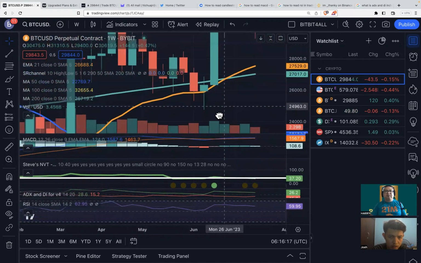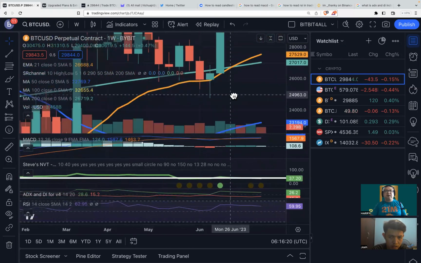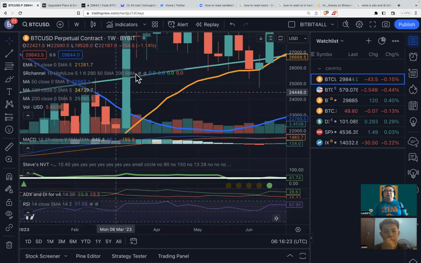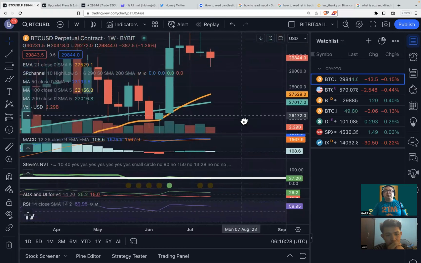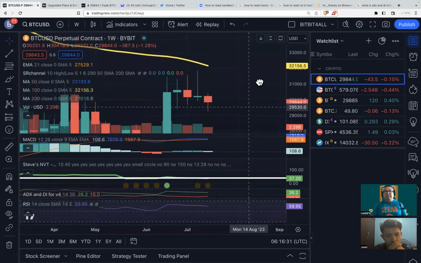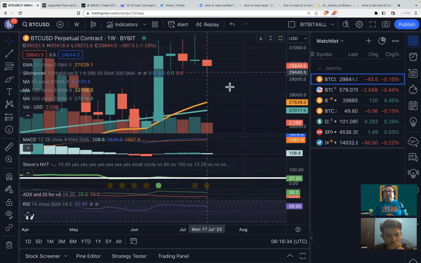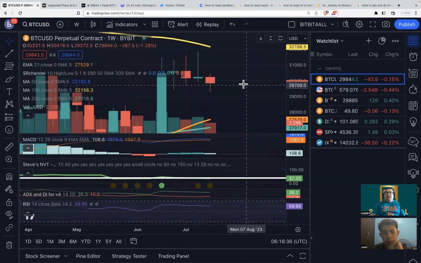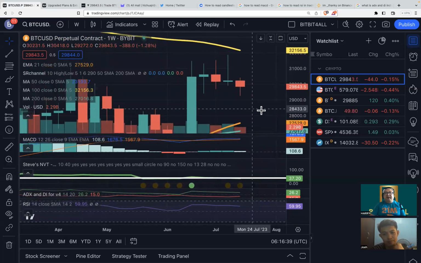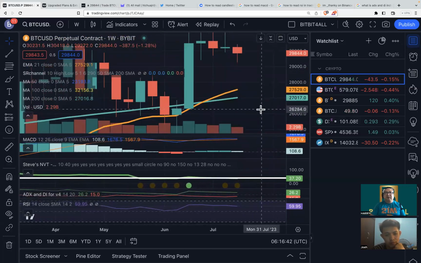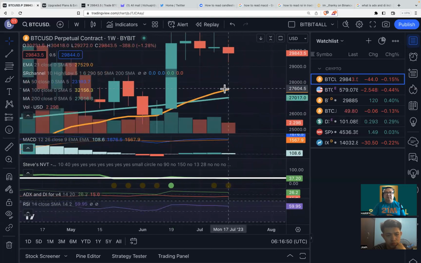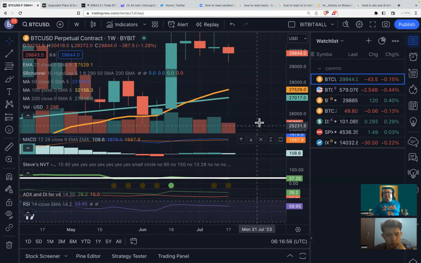So the last few weeks, na-reclaim natin yung 200 weekly moving average, March. So that's our safe zone, because we are now higher than the 200 weekly average. Okay? So that's how you interpret it, read it. Meron kayong EMA to guide you na okay, medyo may pagka-bullish na tayo. So it's about time to play the long positions.